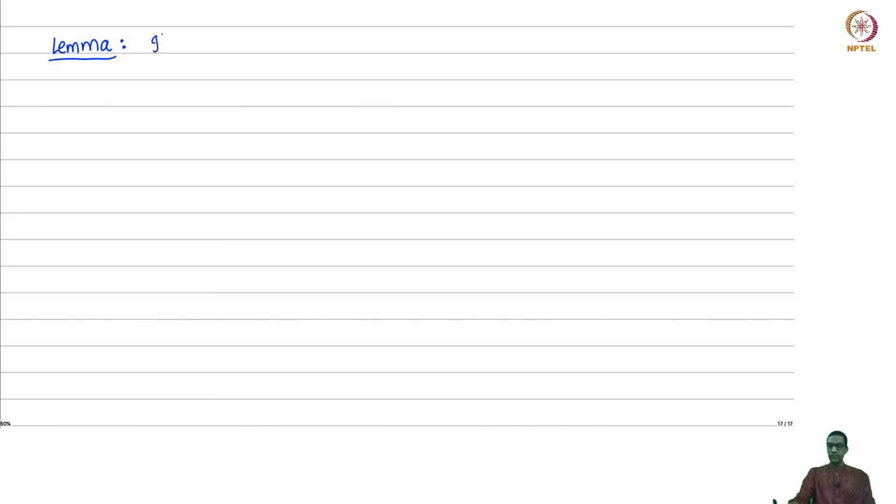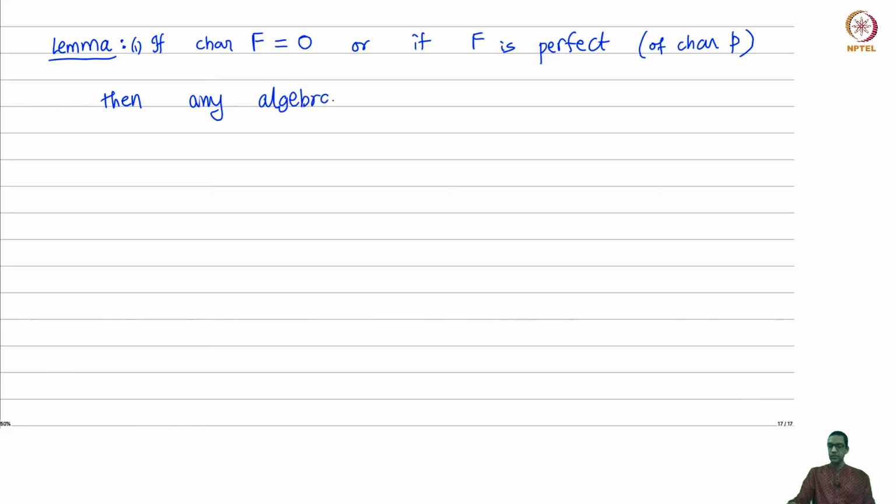In fact, if the characteristic of the base field is either 0 or if F is perfect of some finite characteristic, then any algebraic extension K over F is automatically separable.